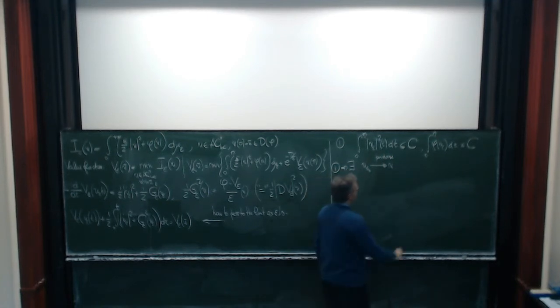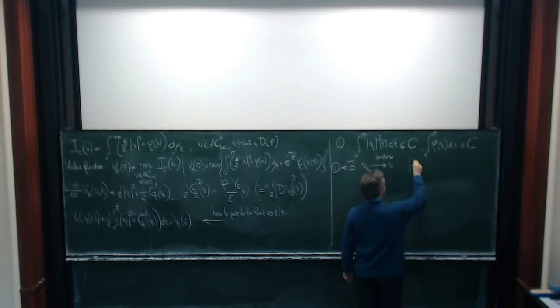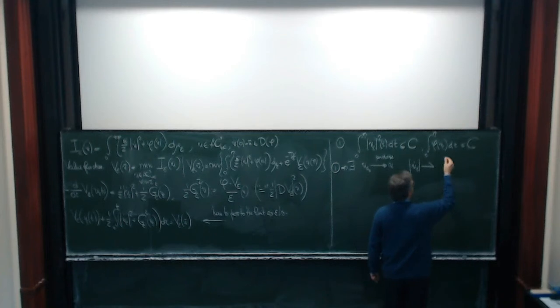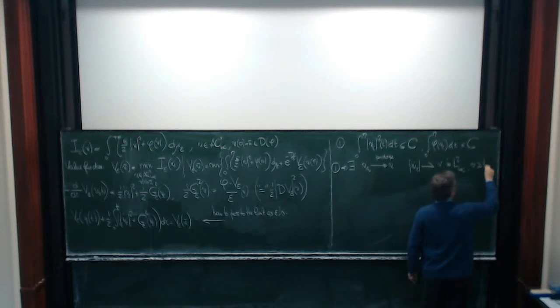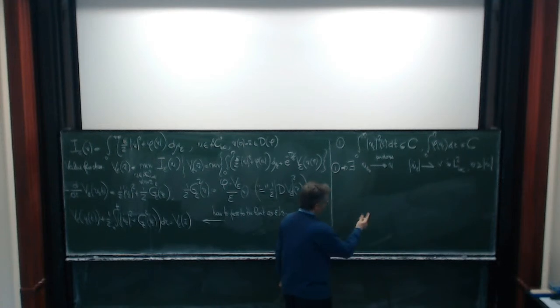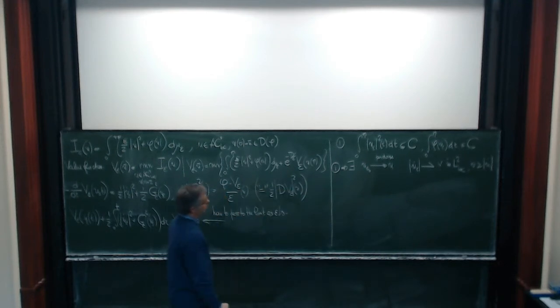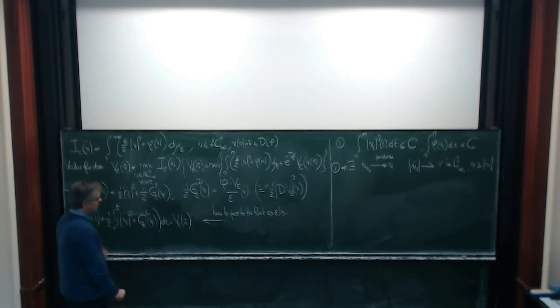And moreover, the metric derivative weakly converges to some v in the limit in L2 loc, with v greater than the metric derivative of the limit. So the limit is in AC2 loc and is a right candidate to be a solution of the limit equation.